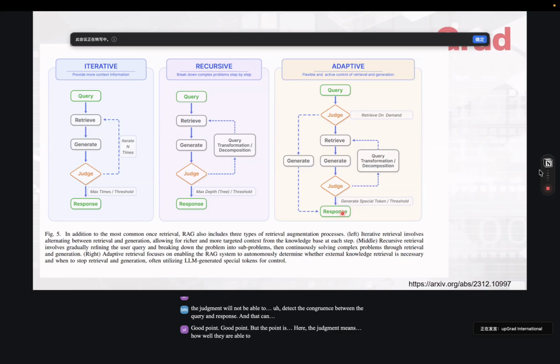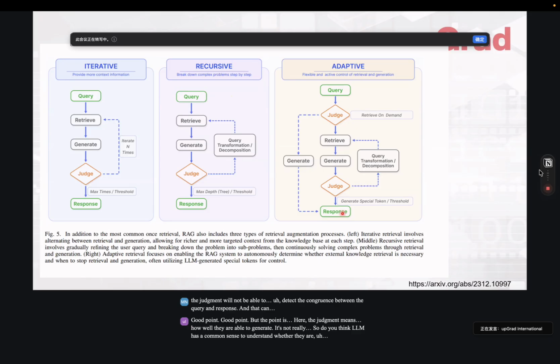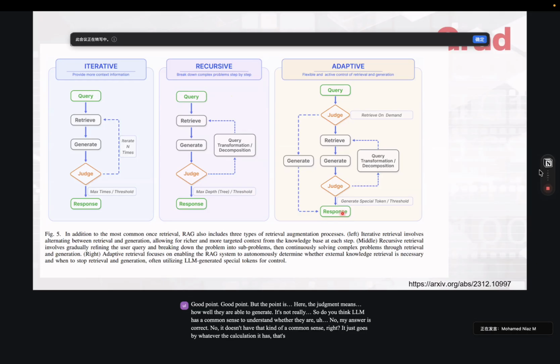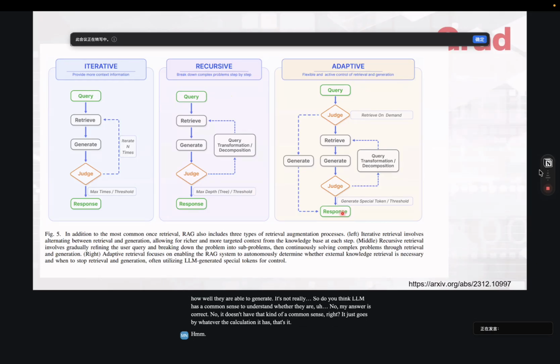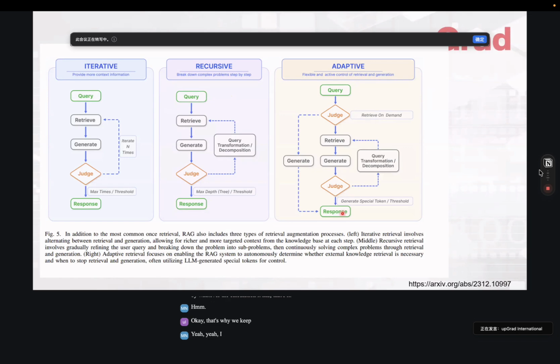Do you think the LLM has the common sense to understand whether my answer is correct? No, it doesn't have that kind of common sense. It just goes by whatever calculation it has. That's why we keep saying it can produce grammatically correct nonsense statements. It can correct the grammar, but it cannot correct the actual intent or the correct answer.